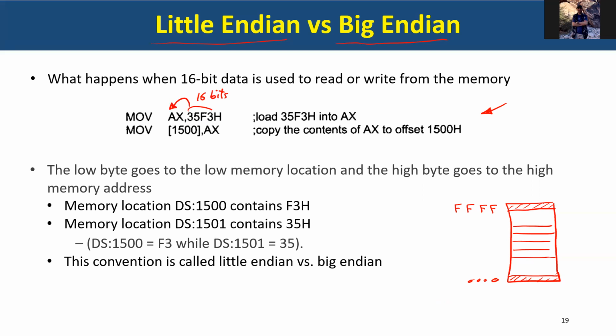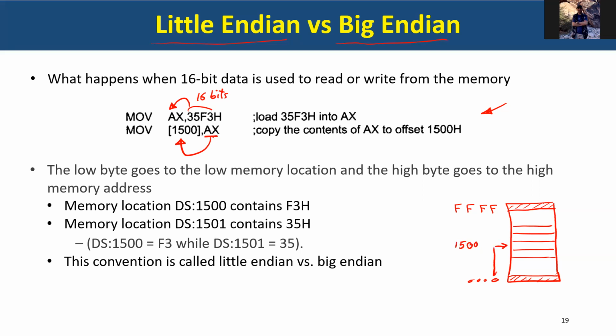As we said last lecture when we talked about registers, AX is composed of two registers, AH and AL, A high and A low. Then we take this data, which is in AX, and store it in the data segment with an offset of 1500. So let's assume this is the location 1500.